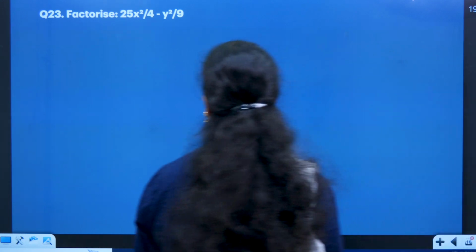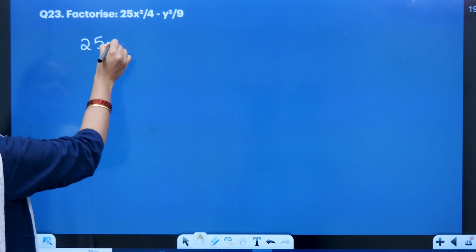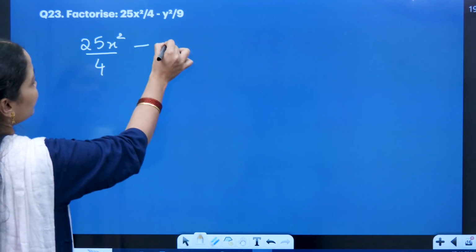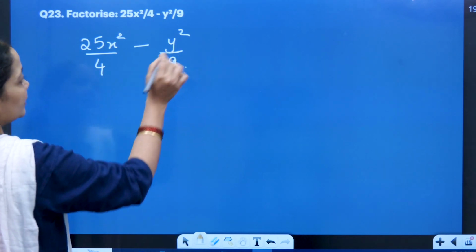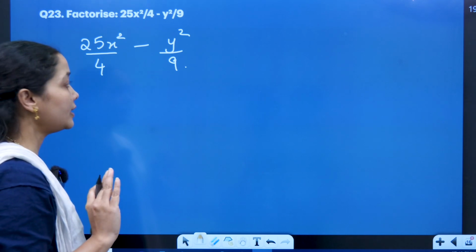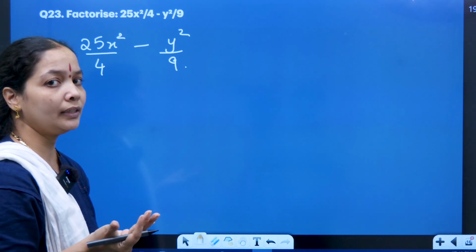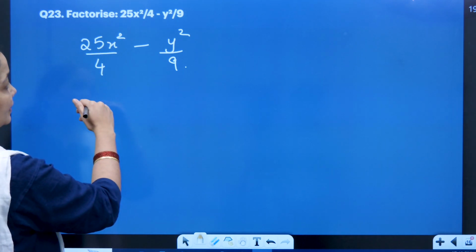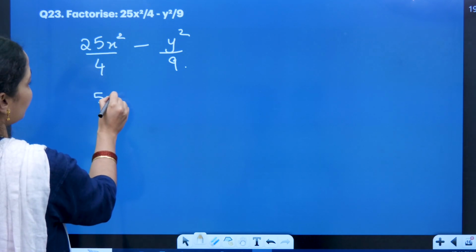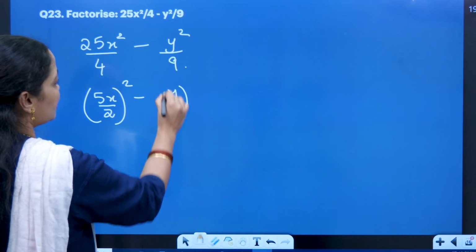Moving to the next question, factorize 25x square by 4 minus y square by 9. In factorization, the first attempt I have to check whether it's a binomial or trinomial, and then understand what formula I have to use here. Then I will check how I can simplify this. This can be written as 5x by 2 the whole square minus y by 3 the whole square.